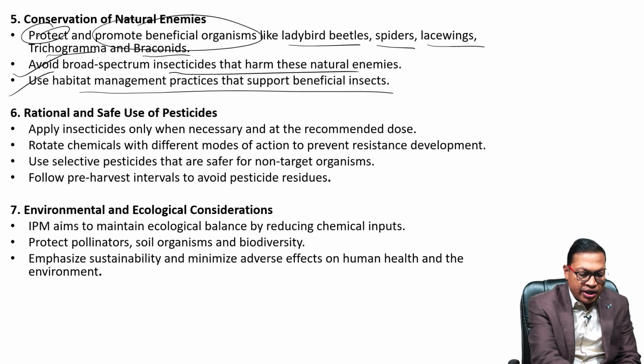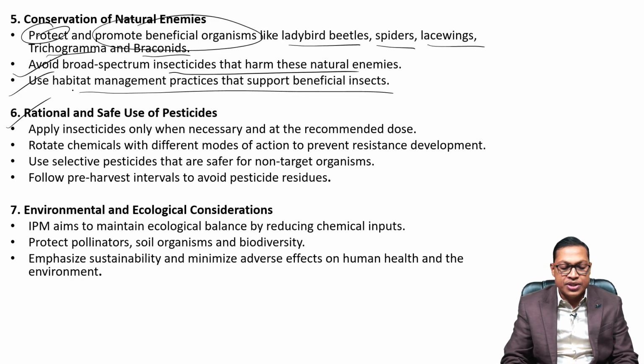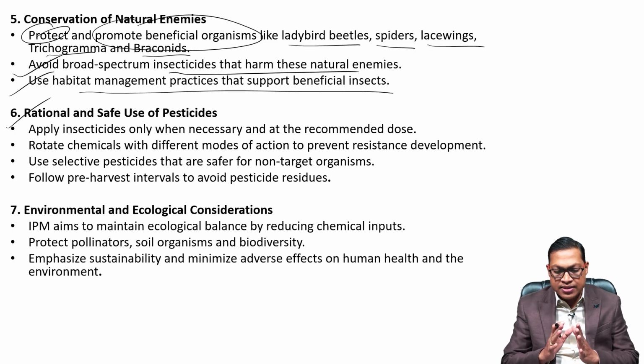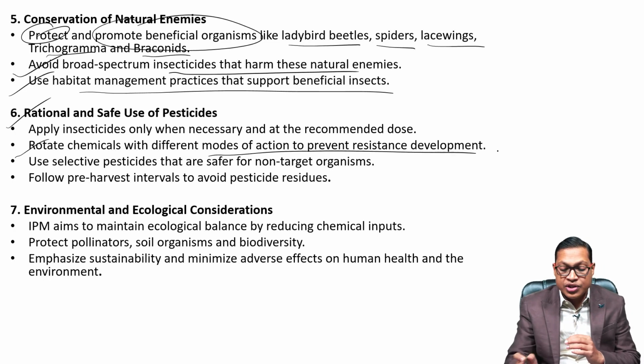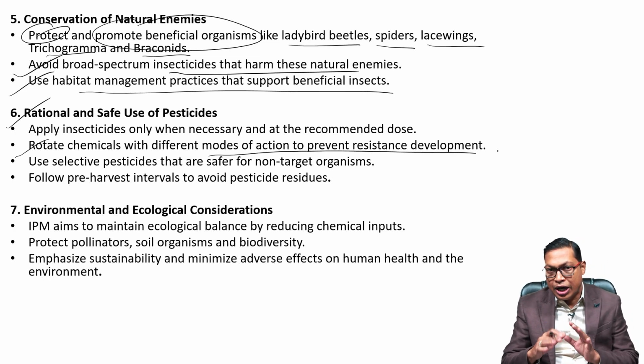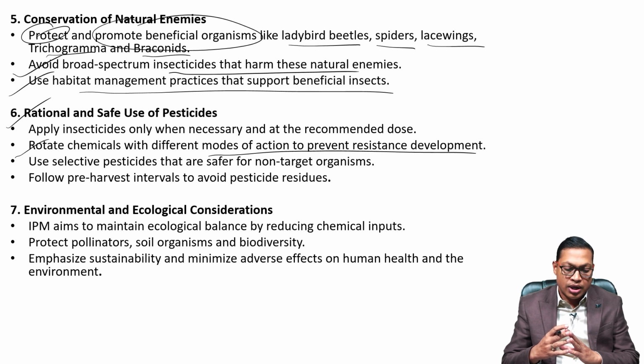Then rational and safe use of pesticides means apply the insecticides only when necessary, at the recommended dose. Then rotate the chemicals with different modes of action, so that there is no resistance development against those particular insecticides in that particular type of insects.